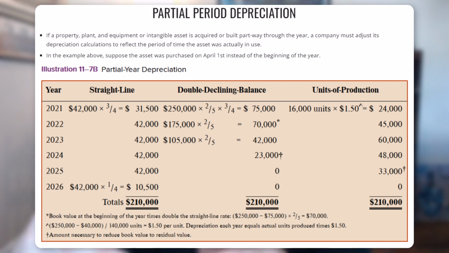In that case, in year one, it does not make sense under a time-based method to record a full year of depreciation. Now, the nice thing about activity-based methods is you do not have to worry about this issue, because our denominator is not a time number. It's not years. Instead, it's the number of pizzas we think we can make.